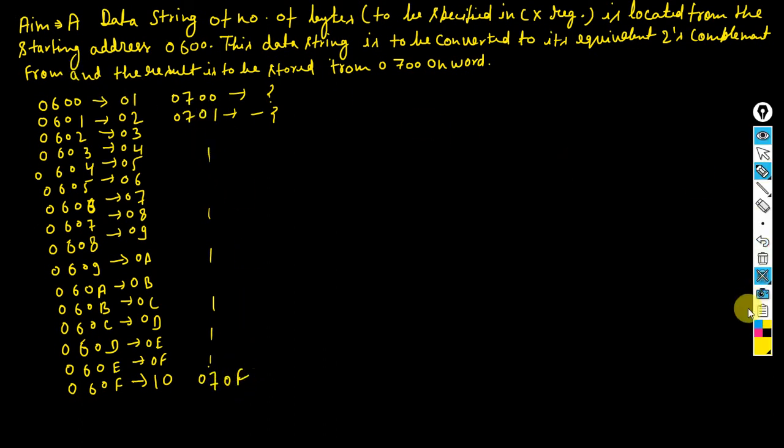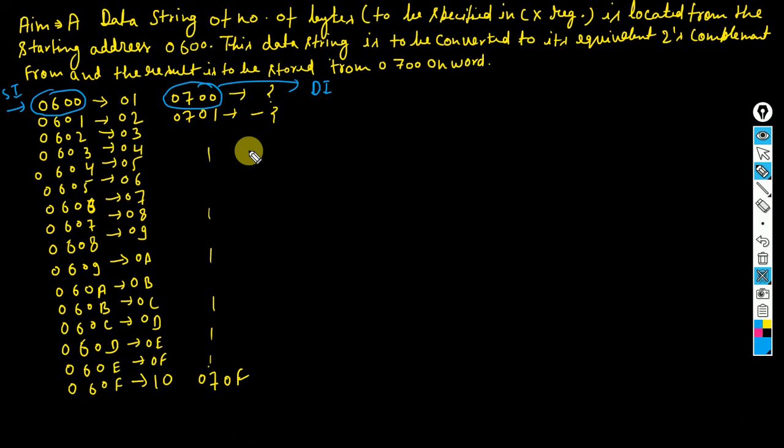Your SI starts from the first location and your DI shows the result location. So basically, what is the 2's complement in this program?